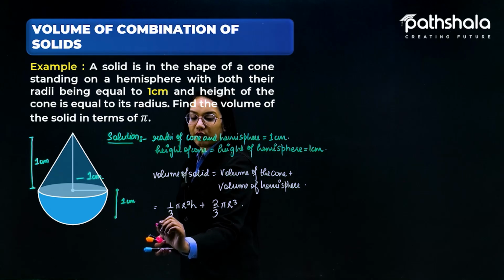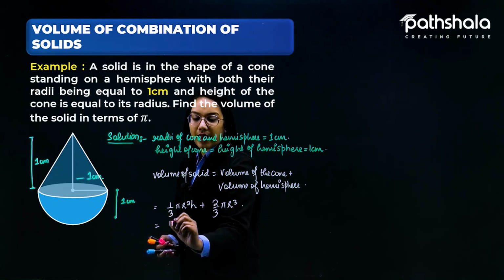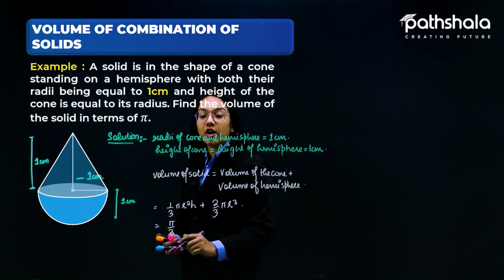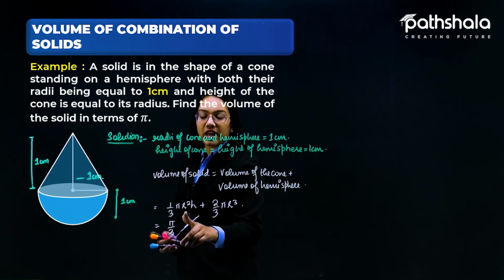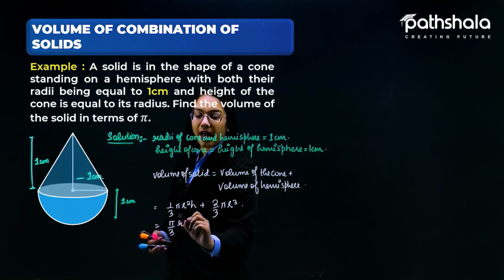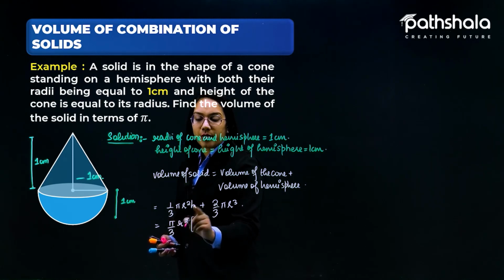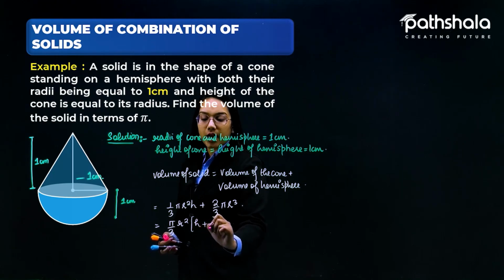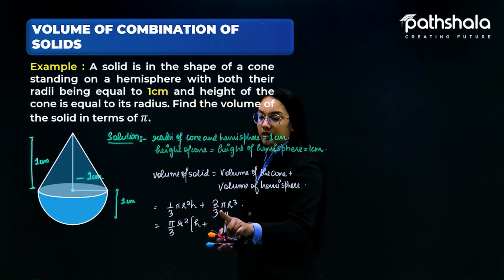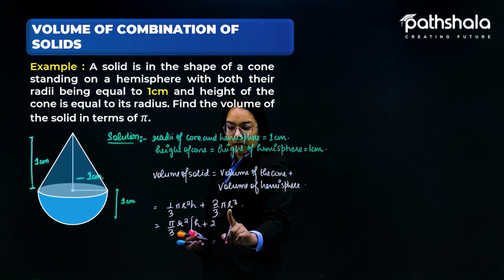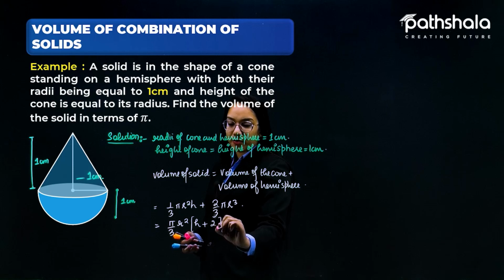First of all, we can see over here we have to take pi by 3 common, and further r square common out of it. So we have pi r square by 3 common, and inside we have h plus 2.